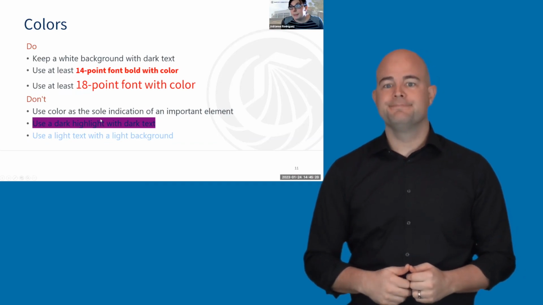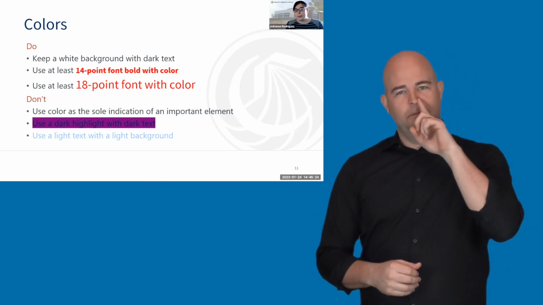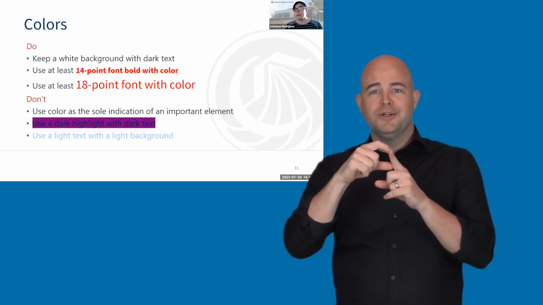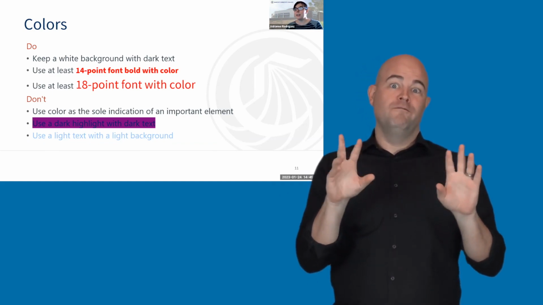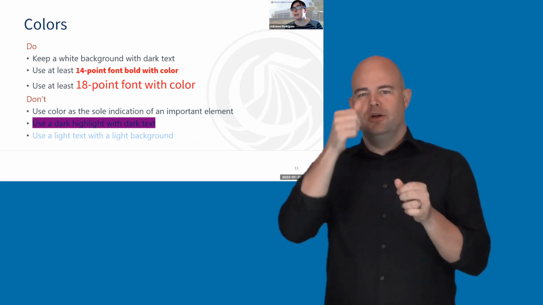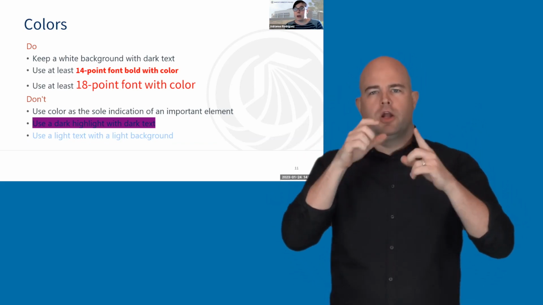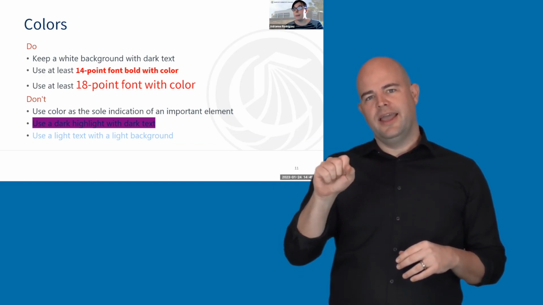Okay, now color. I'm boring. I like to keep it really simple. I like a nice black text on a white background. You can get a little more fun than that if you'd like to. There's just some things to remember if you do choose to use color. You want a dark text if you've got a white background, which, we all know the Canvas rich content editor's white background.